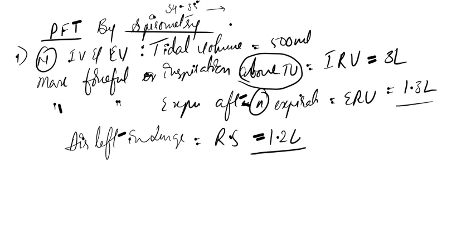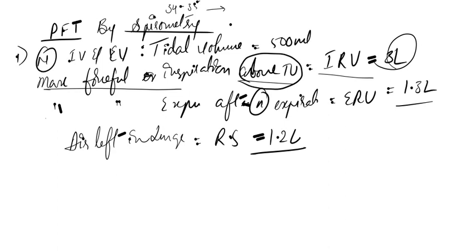You got it? So maximum forceful inspiration above tidal volume is called inspiratory reserve volume, which is 3 liters.